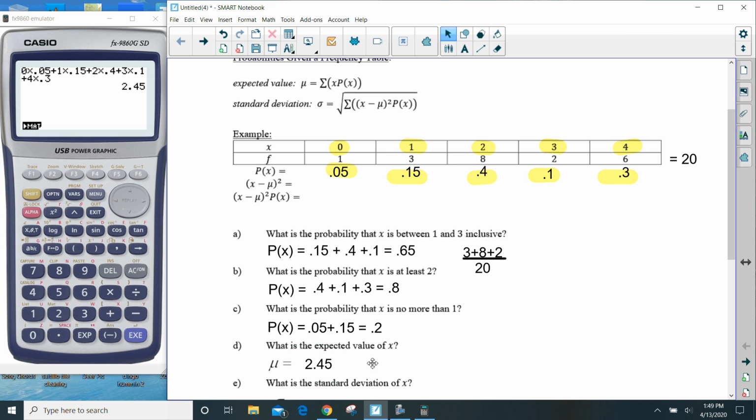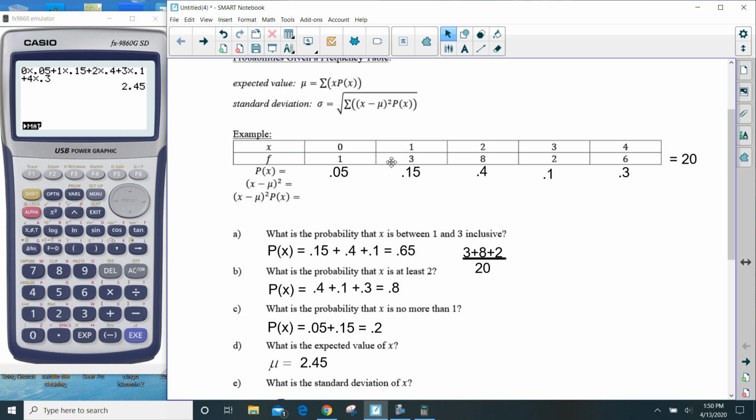Okay, thinking of it kind of rudimentarily, what you would do is add up all the numbers and divide by the number of numbers. For instance, if I were to add up all of the threes, I have 2 3s, so it'd be 3 plus 3 is 6. Or if I were to add up all the 2s, it'd be 2 plus 2 plus 2 plus 2, 8 times. So you would add it up 8 times.